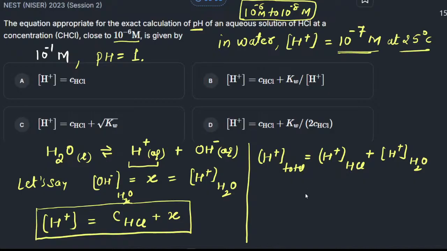And H plus ion from HCl is the same as the concentration of HCl, and the contribution from water, because it is not mentioned that it is at 25 degrees Celsius, let us take it as X. So this is the H plus ion concentration, which is not equal to the concentration of HCl. So the first option is incorrect.